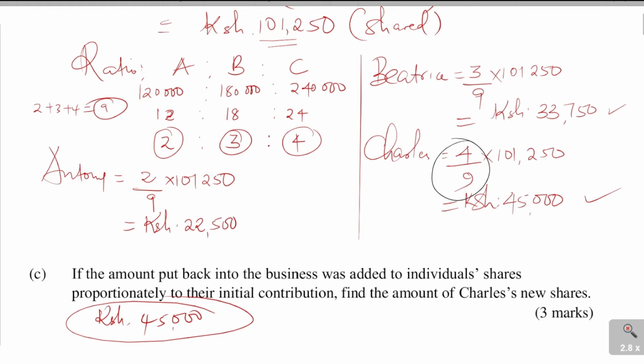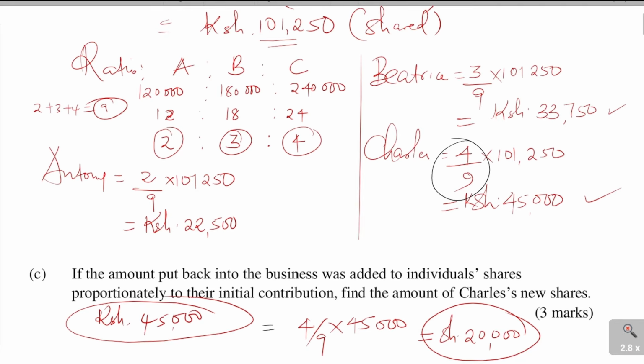So 4 divided by 9 multiplied by the amount put back to business, 45,000, will give 20,000. That was the amount Charles received from these 45,000.